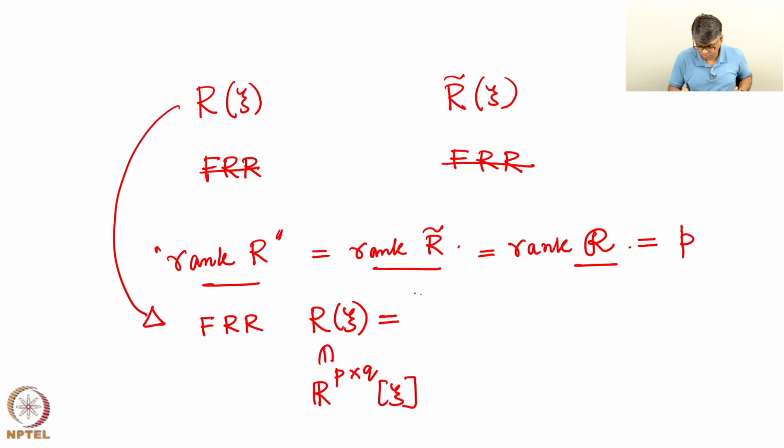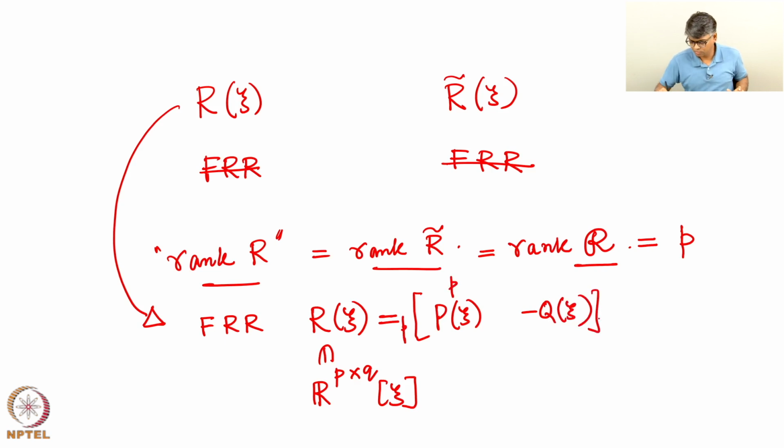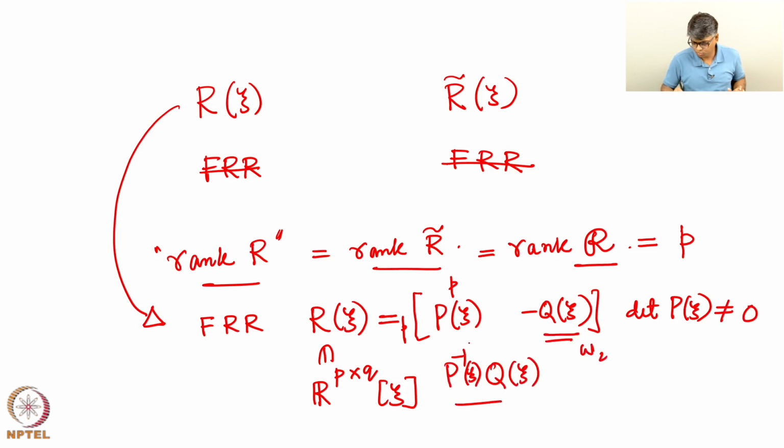Now, because it has full row rank and P number of rows, I should be able to partition it just like before as [P(ξ) −Q(ξ)], where P(ξ) is of size P×P and its determinant is non-zero, maybe possibly after permutation of the columns. From there you know that I have the transfer function matrix P^{-1}(ξ)Q(ξ), from the variable W2 to W1.